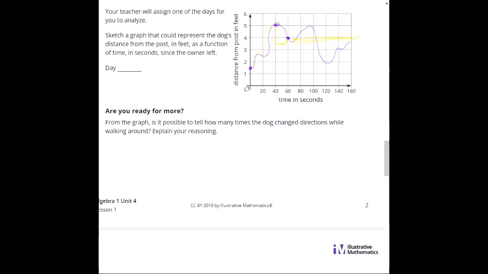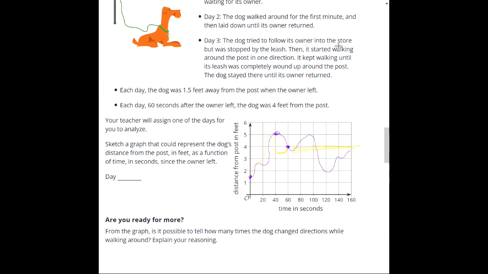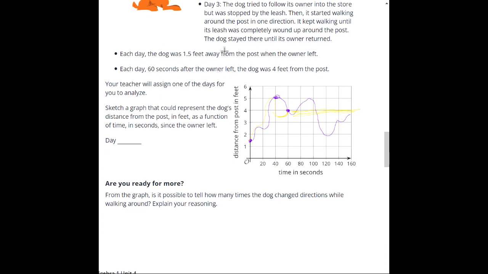Now, for day three, the dog tried to follow its owner into the store, but was stopped by the leash. So for this one, we're going to start right here, remember, because that is going to be our constraint. It starts here. And then the dog is going to follow the owner in until the leash is going to be pulled tight, and then we're going to go like this.